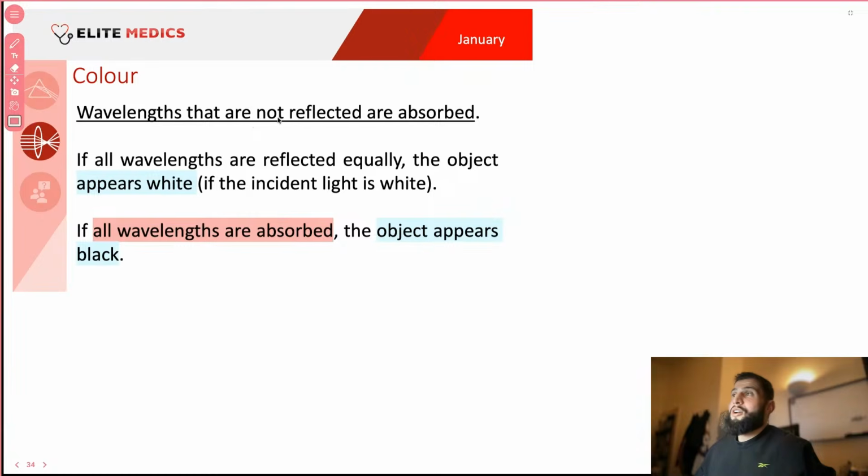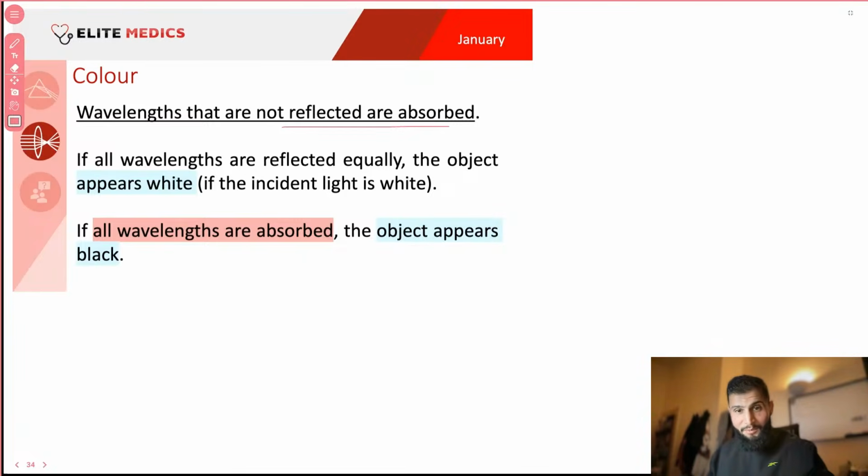So wavelengths that are not reflected back. So if we get a black, this shirt is black. So anything that isn't reflected back, that means it's absorbed. So if all wavelengths are reflected equally, that makes it appear white.